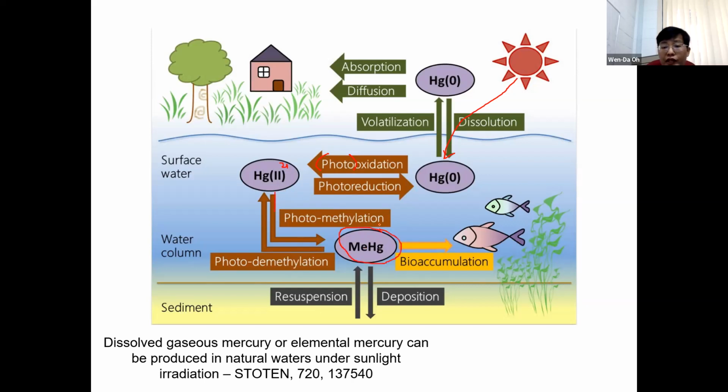This methyl mercury can undergo bioaccumulation in animals, in fish, maybe in humans, and even in sea plants. You can have photodemethylation back to mercury 2+. So you can see most of these reactions come with a photo in front.